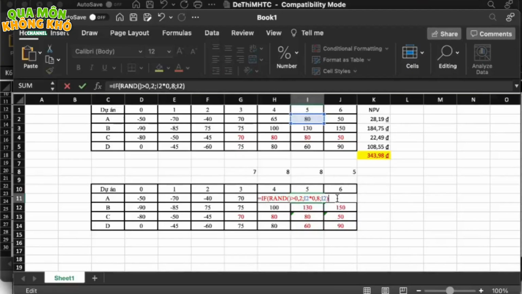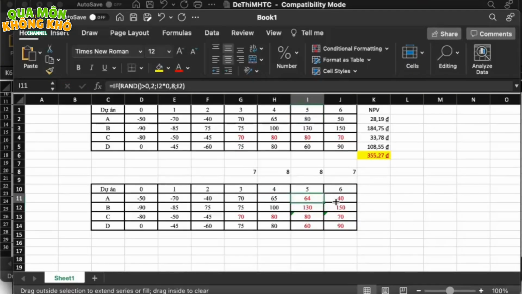Okay, so that is the 80% probability, a high probability which changes the value of the cash flow in the 2 final years.